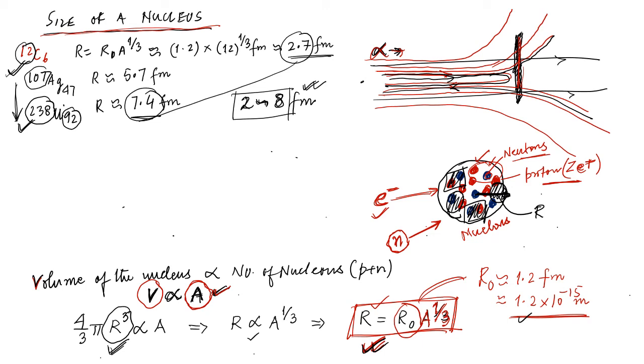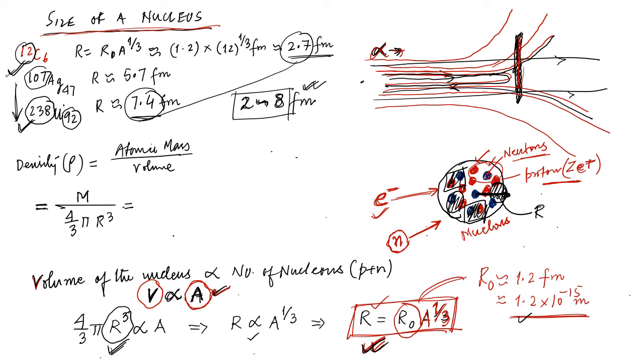If we represent density as rho, this will be atomic mass upon nuclear volume. The atomic mass is represented by m, and the volume is 4 by 3 pi r cube.